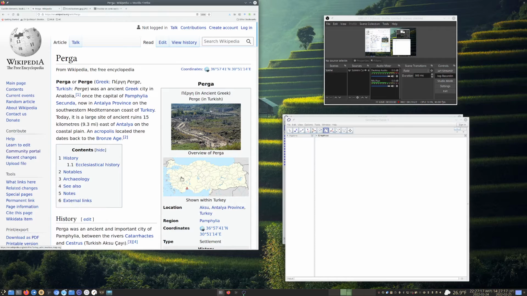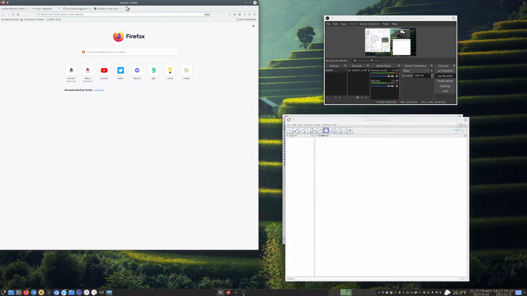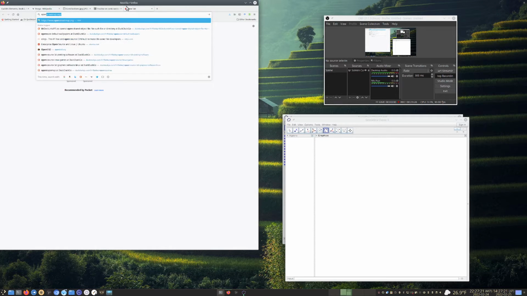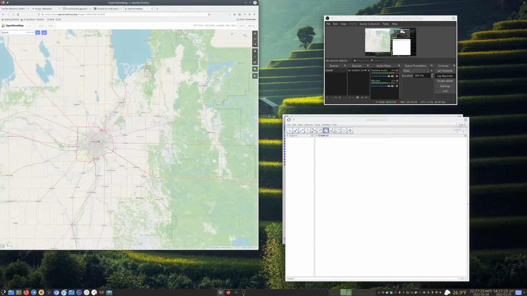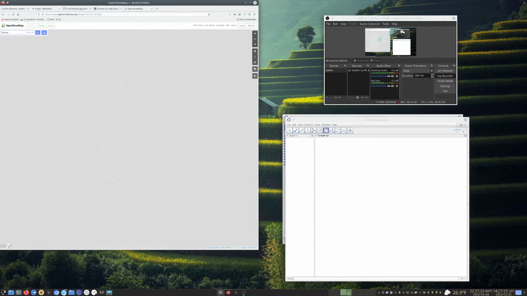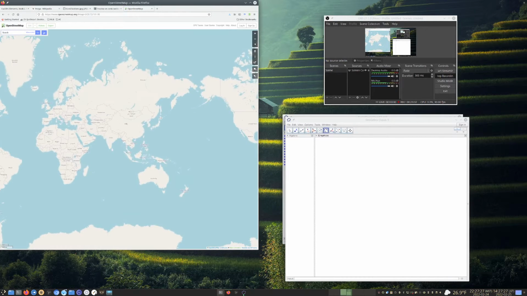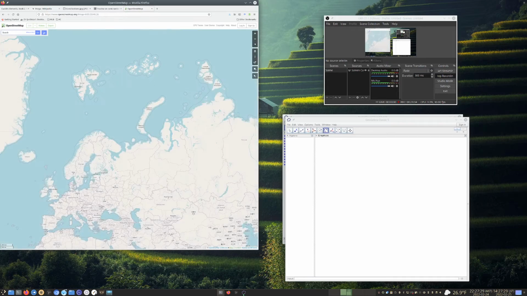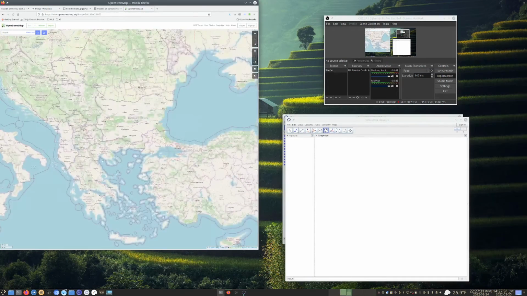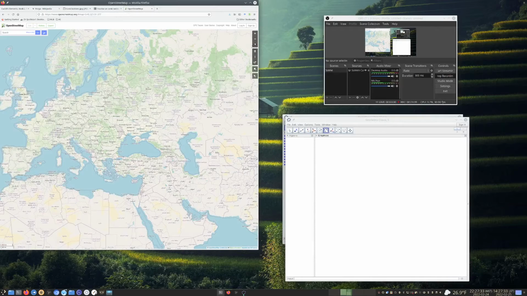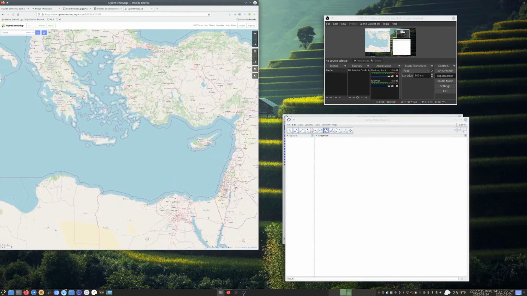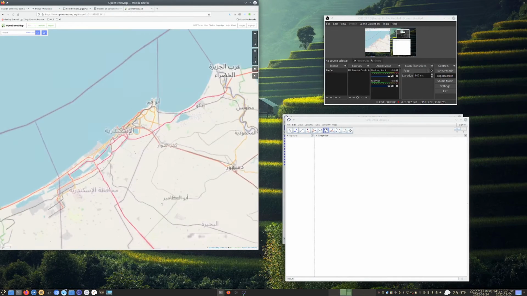So if we look at a map of the Mediterranean, I'm just giving you some sense of where everyone is. The ancient Greek civilization is this area. Euclid is in Alexandria, right here.